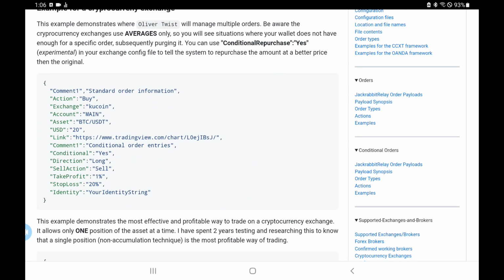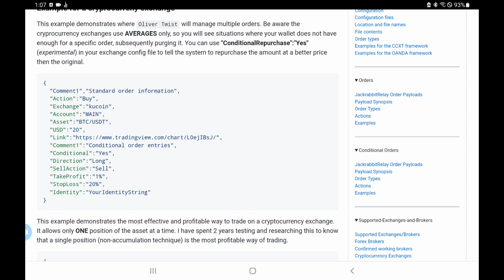The first example is for a cryptocurrency exchange, and there are a lot of different situations that you need to be aware of with cryptocurrencies that become extremely difficult in the long term, but they are managed automatically by Jackrabbit Relay. So here we have on the screen a simple order.